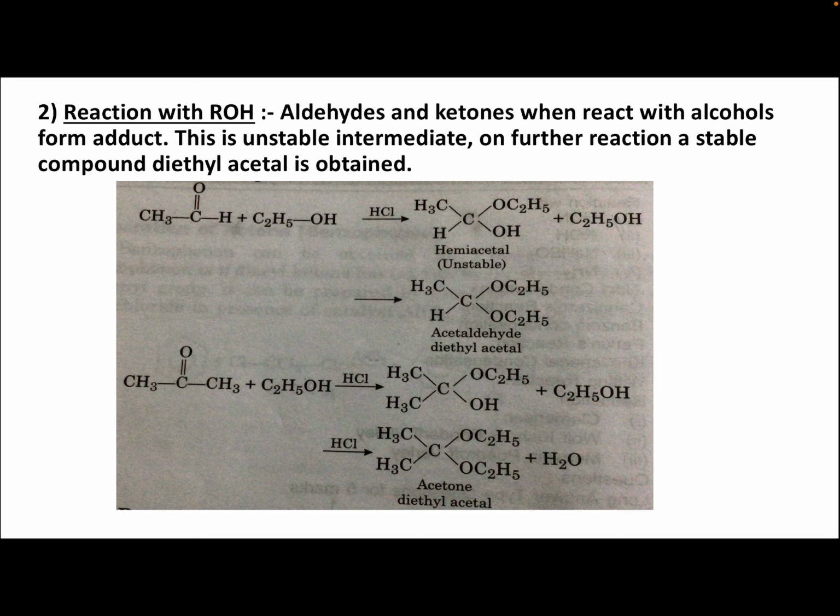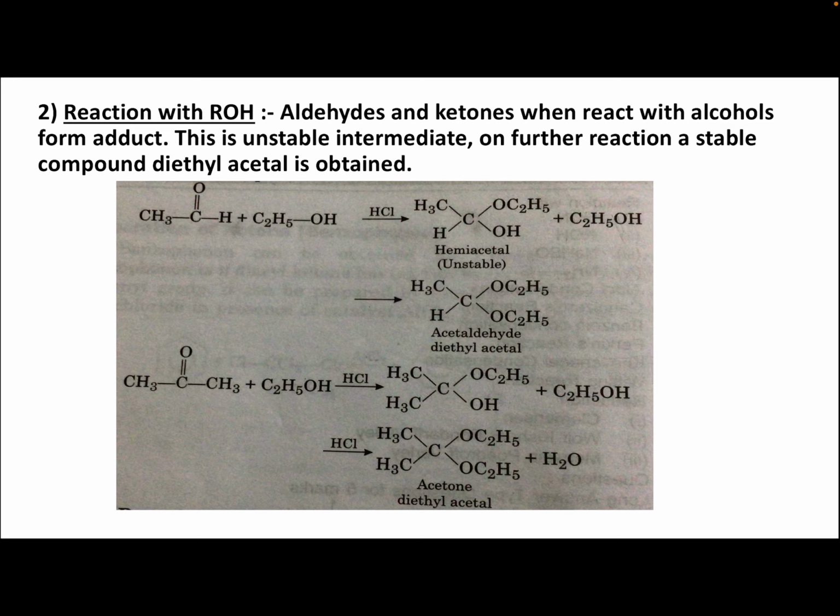This hemiacetal, which is unstable, then reacts again with HCl to give acetaldehyde diethyl acetal. So here diethyl acetal is formed: in the place of OH, again H is removed and C2H5 is added. So acetaldehyde with ethyl alcohol in the presence of HCl gives acetaldehyde diethyl acetal.